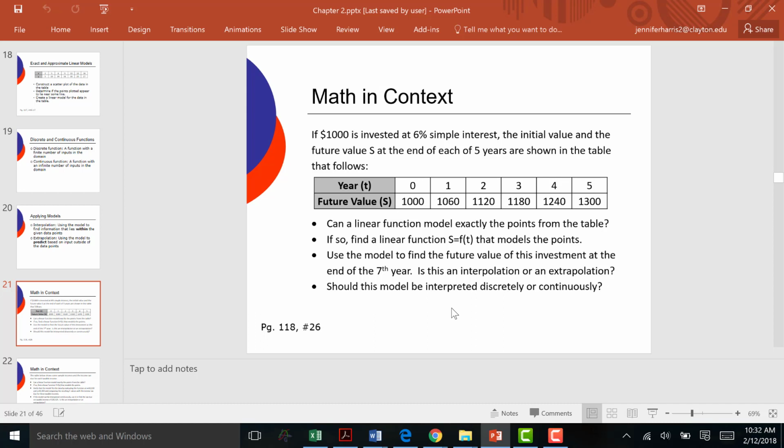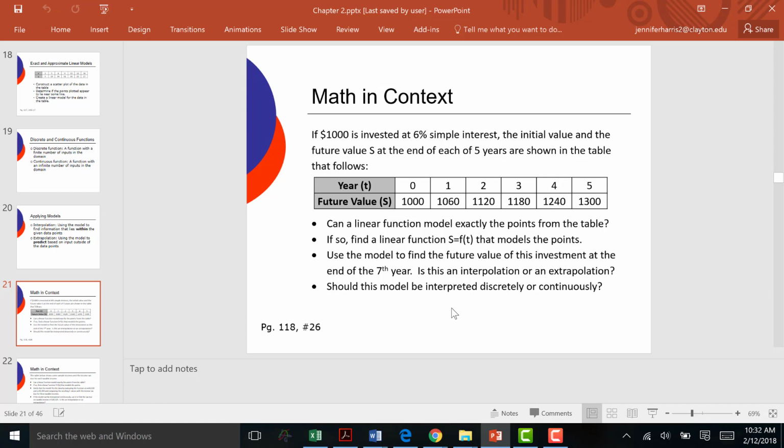Now, let's see if we can answer the bullets. Can a linear function or equation model this data exactly, approximately, or not at all? Exactly. Why would you say exactly? What's this called that I'm getting ready to do?